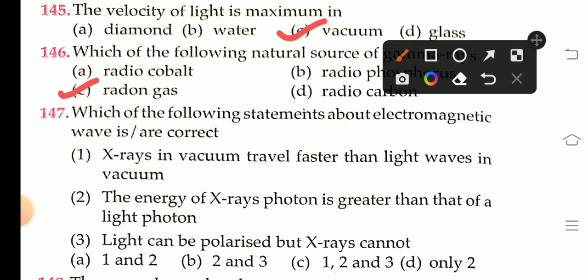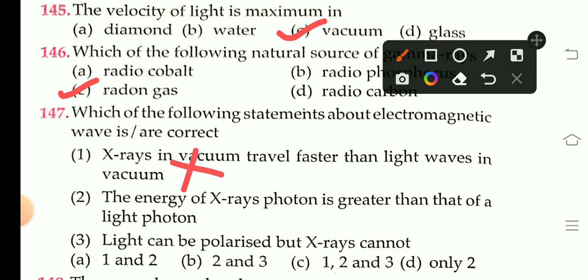Next, which of the following statements about the electromagnetic wave is correct? X-rays in vacuum travel faster than light wave in the vacuum. Wrong.